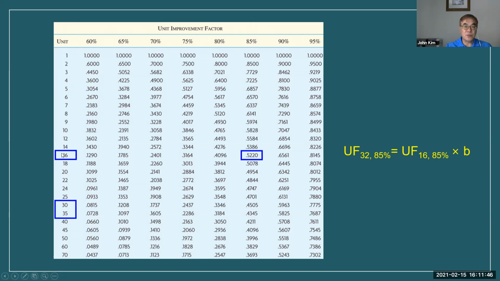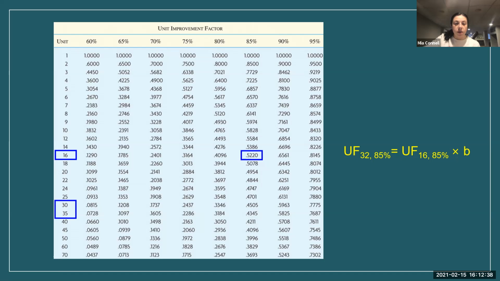If you can find this one, then to get the unit factor for the 32nd, times B. Unit factor 32 we cannot find, but we find 16, then times B. So unit factor 16 is 0.552 times B, 0.85, will be unit factor 32. Understood? Are we always given the percentage to use?